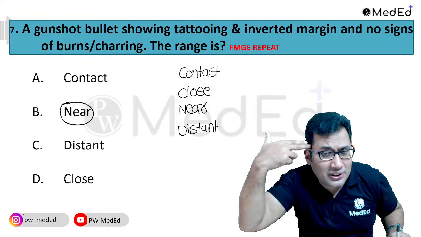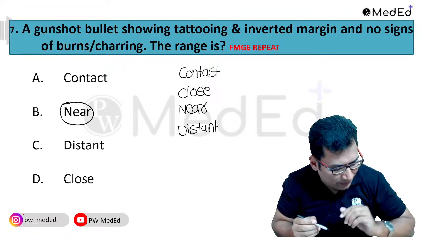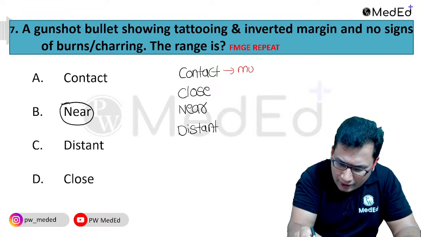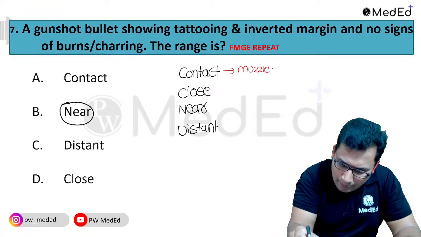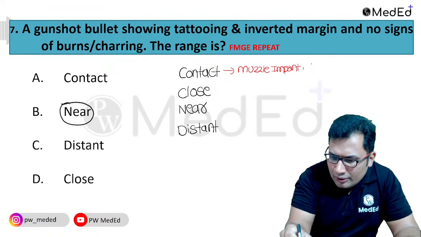So what are the features of contact range? In contact range, there will be muzzle imprint and cruciate shape.